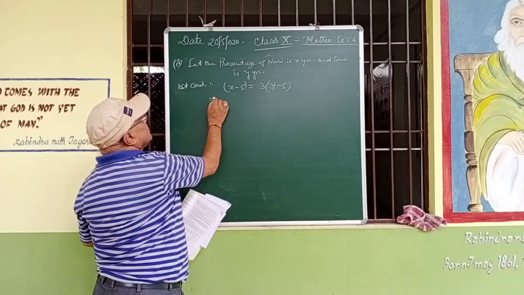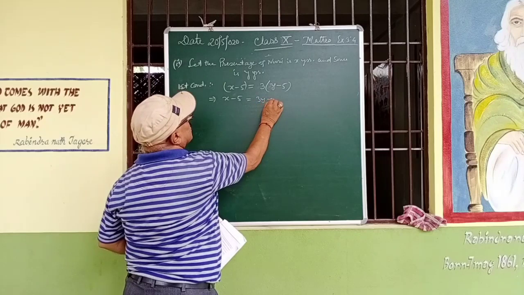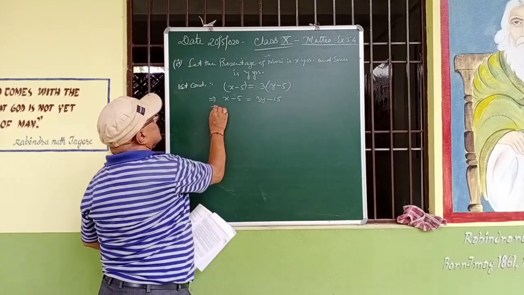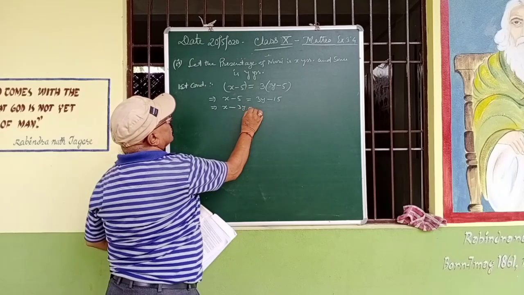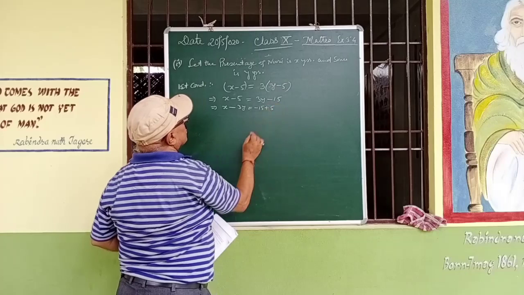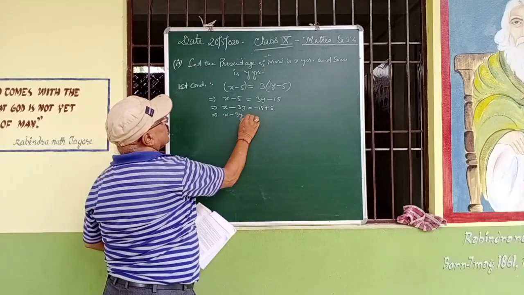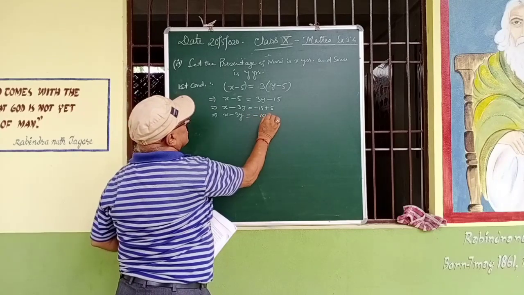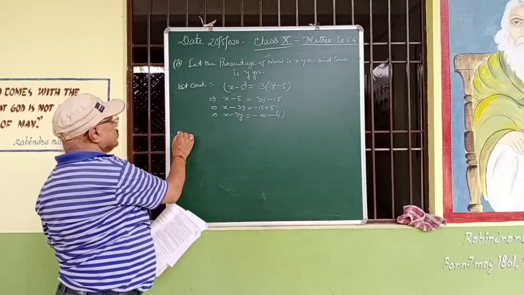So it will be x minus 5 is equal to 3y minus 15, and x minus 3y is equal to minus 15 plus this 5 that side to the plus. So x minus 3y is equal to minus 10. Equation number 1.